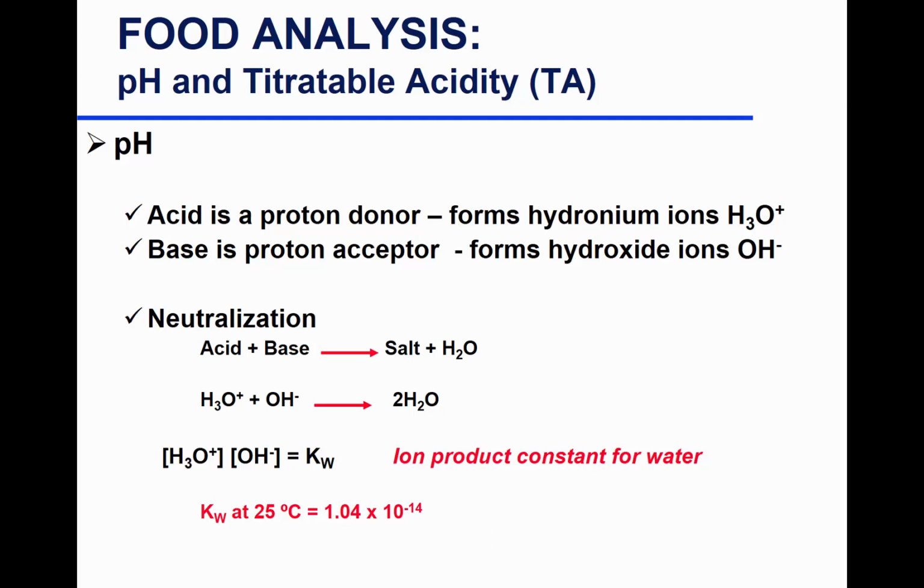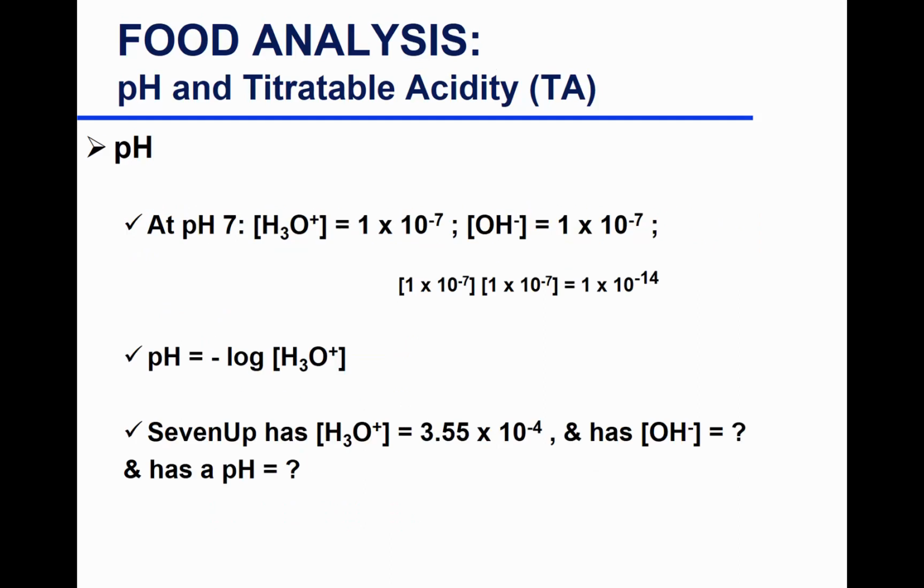So it really depends on the concentration. Your pH is dependent on the concentration of hydronium ion. But another term is pOH. pOH is dependent on the concentration of the OH minus. So at pH 7, we have 1 times 10 to the negative 7, because pH is negative log concentration of hydronium.